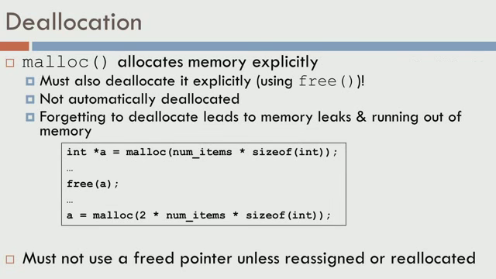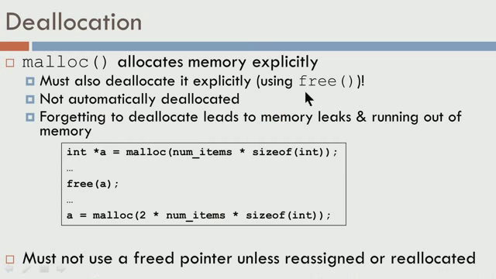Whereas if you call something with malloc, you are getting a pointer to the memory, and it's your duty now. You claimed the memory, you wanted some memory, and you have to free it up. It has to be done using this function called free.